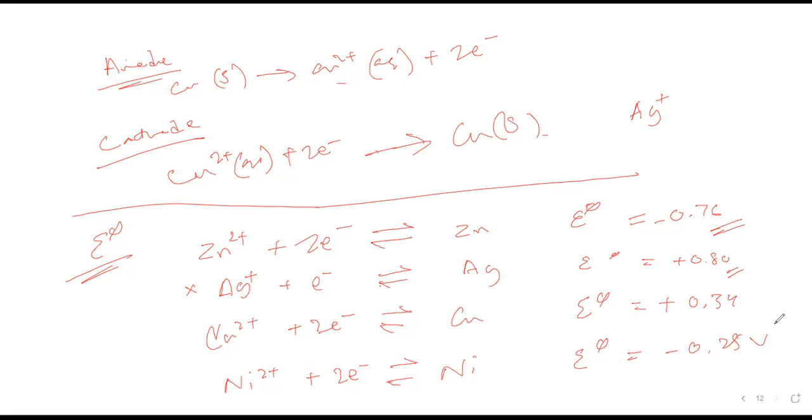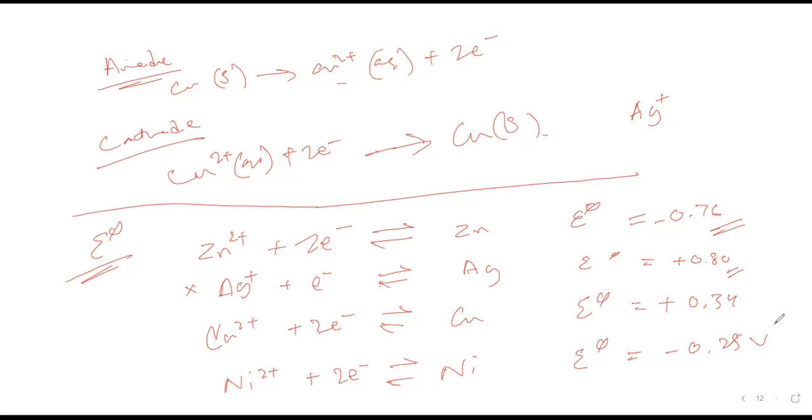That means copper will prefer reduction, while zinc will prefer oxidation. So zinc metal will oxidize, hence losing electrons. That means Zn2+ ion will be formed in the solution. After forming Zn2+ ion in the solution, what are we left with? We're left with nickel and copper. So already we have what?